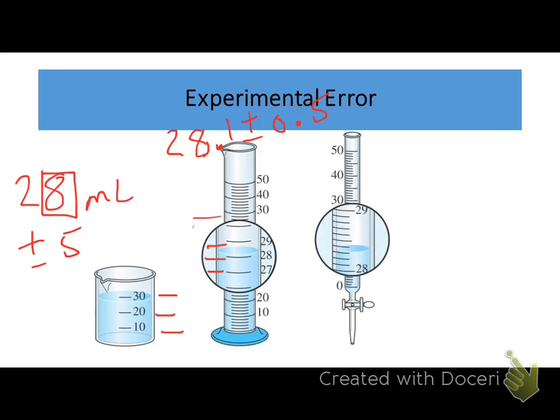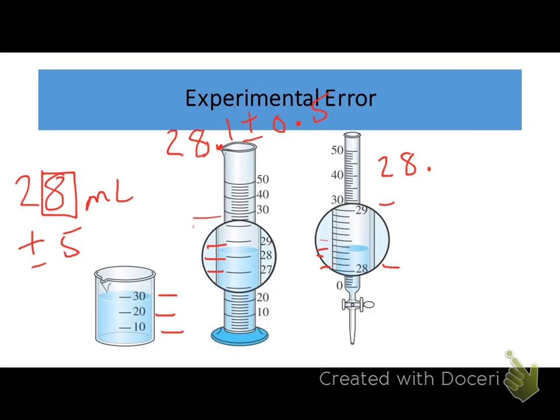What about a burette? A burette should be even more precise than the other two. It should give us more decimal points. And indeed it does. If you look at it, we're going up 28 and then 29. Those are big hash marks, but we have some small ones in between. So we have 28.1, 0.2, 0.3, 0.4, and so forth.